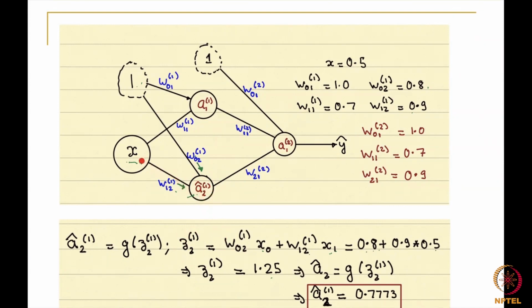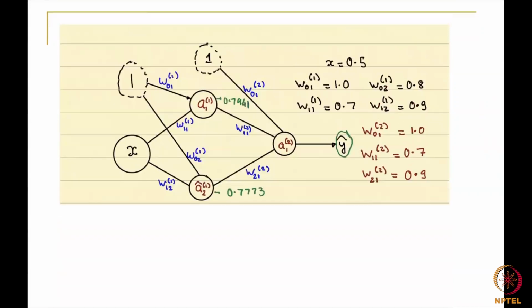It's fed by X and by 1. So W02 times X naught, which is simply 1, plus W12 times X1. Now you can see the weights. W02 is 0.8 and W12 is 0.9. So you write 0.8 times 1 plus 0.9 times 0.5, which is 0.8 plus 0.45, 1.25. Z21 is 1.25. Calculate the sigmoid of that. It comes to 0.7773. So this is also a straightforward calculation.